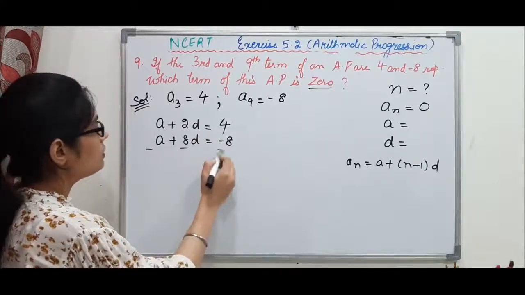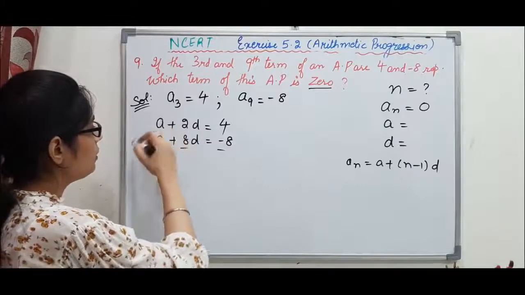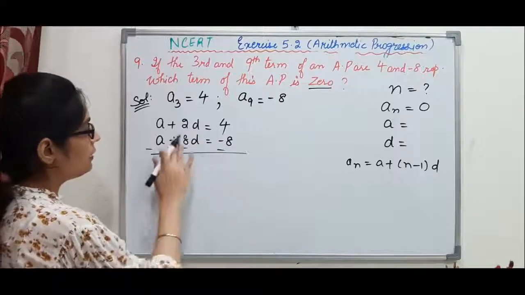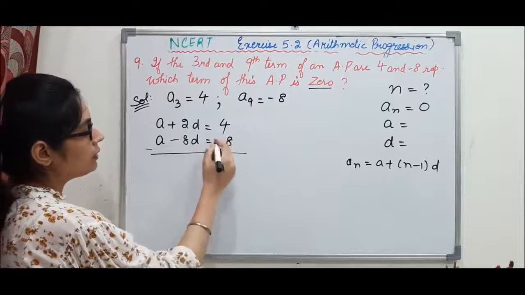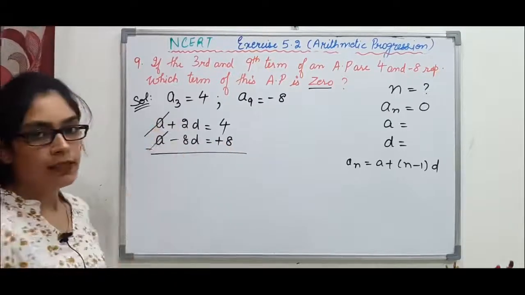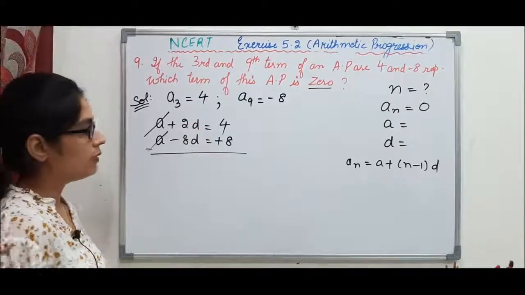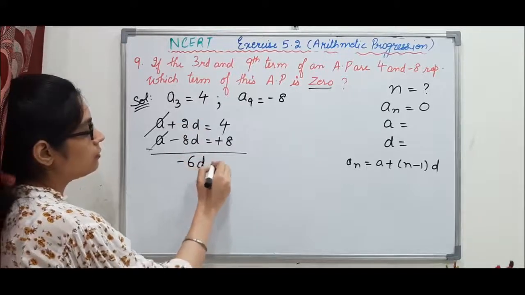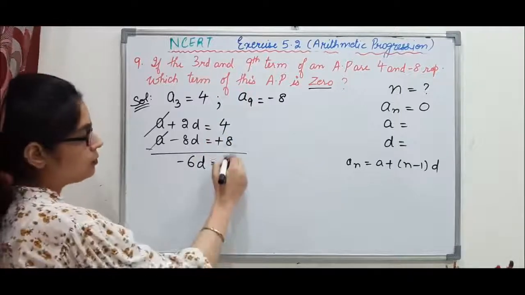So since the coefficient of A is same, so I can do subtraction so that A can get eliminated here. So in subtraction I have to change the signs. So here I write minus, and here minus was there, so plus I have to write. Minus A and plus A will get cancelled. 2 minus 8, minus plus minus, so 8 minus 2 is 6, the sign which is with the greater number, so it will be minus 6, 4 plus 8 it is 12.